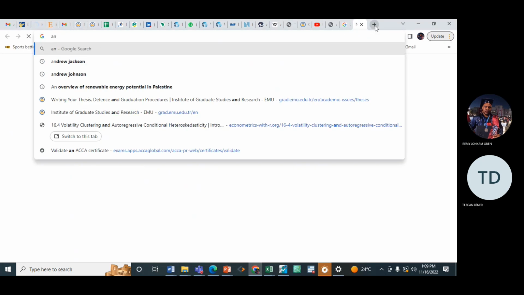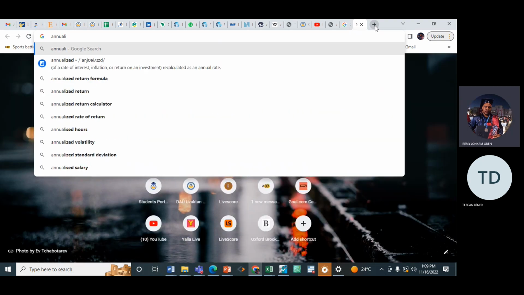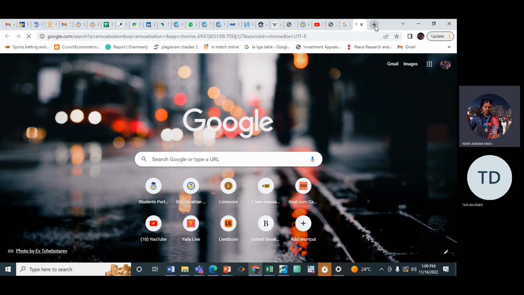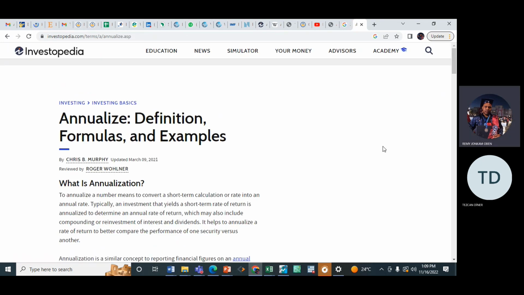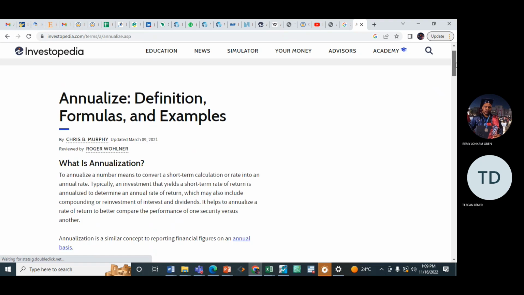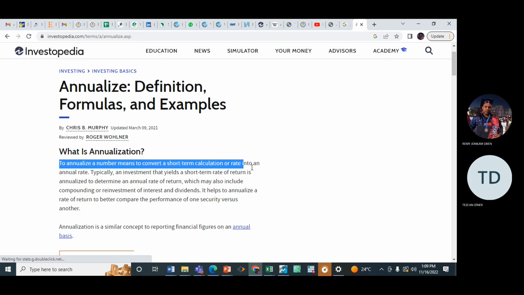How can I explain this? Annualization. Investopedia. What is annualization? To annualize means to convert.